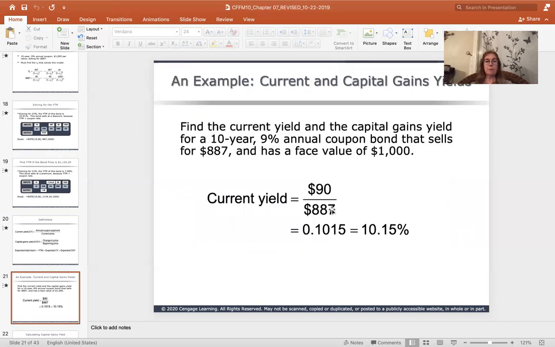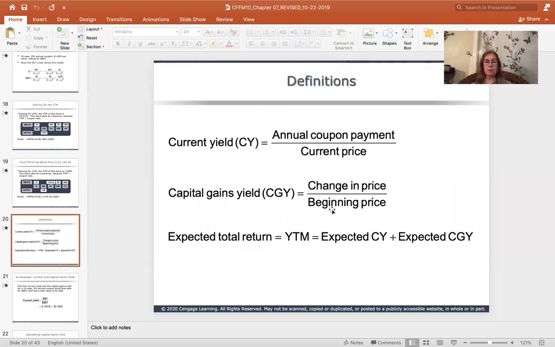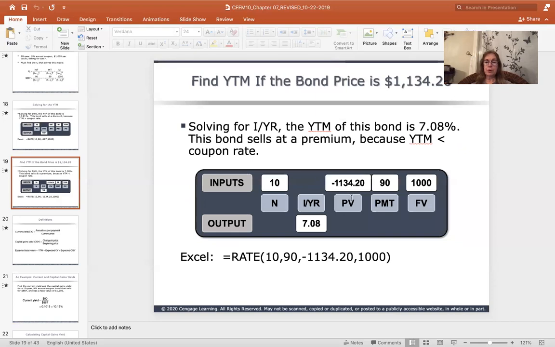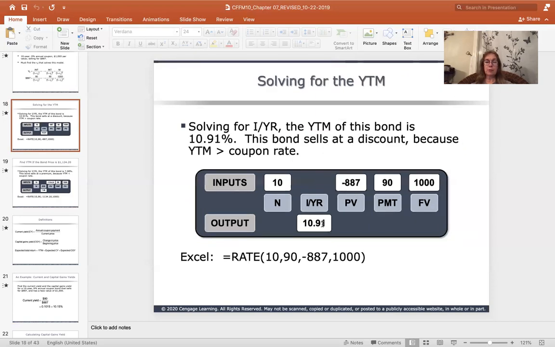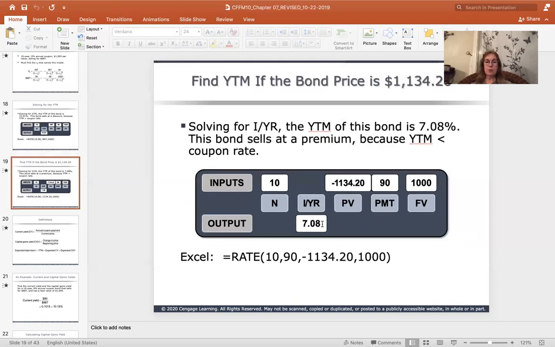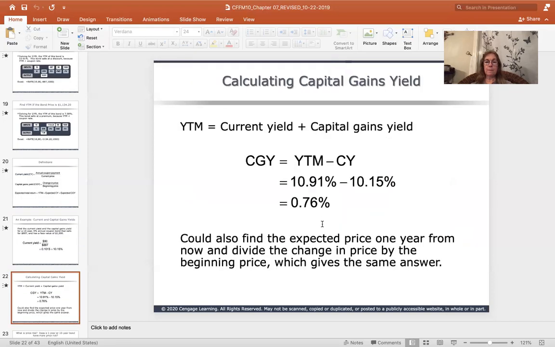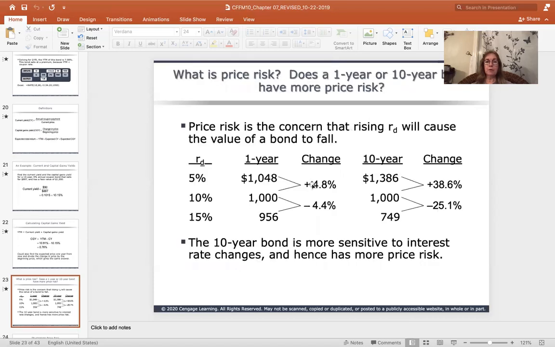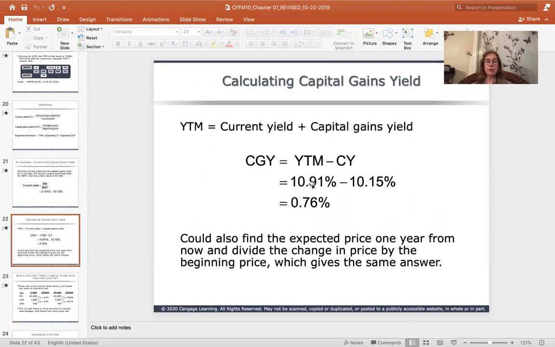Okay, so the yield to maturity on this bond is 10.91%. Now let's calculate the capital gains yield and the current yield.